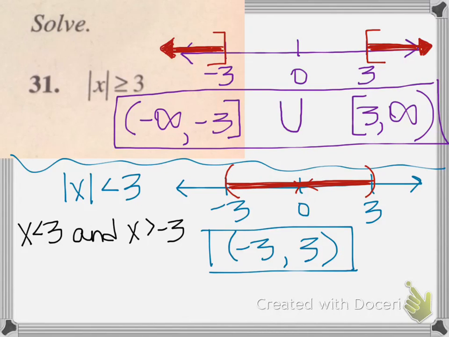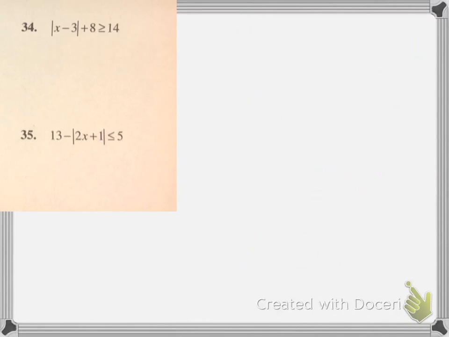The one up above, if we were to write it as two separate problems instead of one together, we would have said x greater than or equal to 3 or x less than or equal to -3. So that's how they would translate if we were to take the absolute value out. We're going to use that idea to help us with a few other problems.